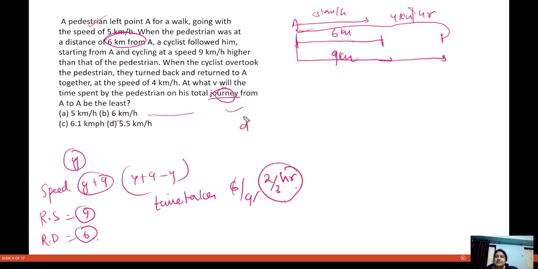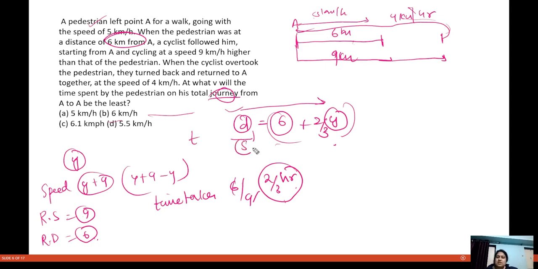Now what is the distance traveled? Distance traveled is obviously this 6 kilometer this pedestrian has already traveled and 2 by 3 into y. So this is the total distance traveled, and now you are returning this distance as well. So time taken to travel this distance can be given by what? Time is equals to distance upon speed, because speed into time is equals to distance.